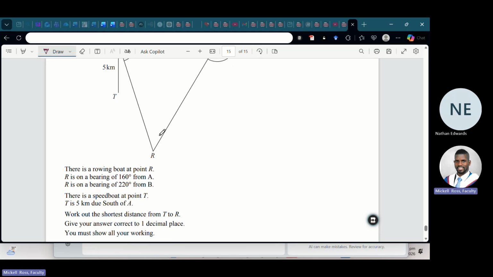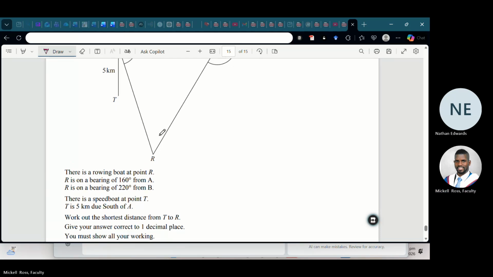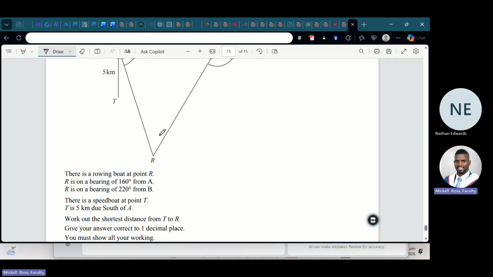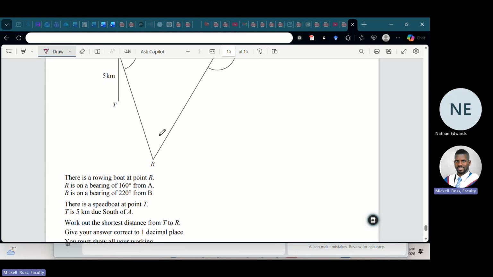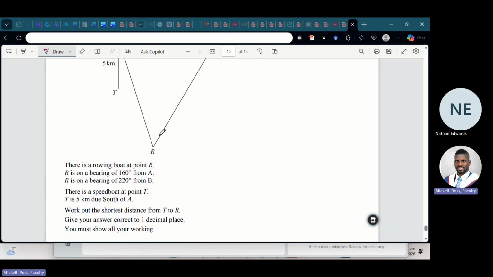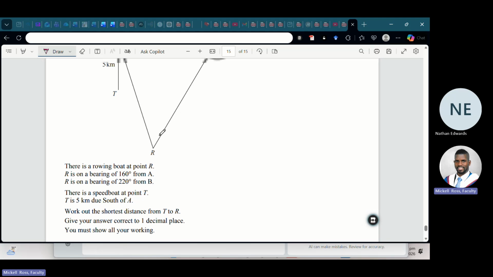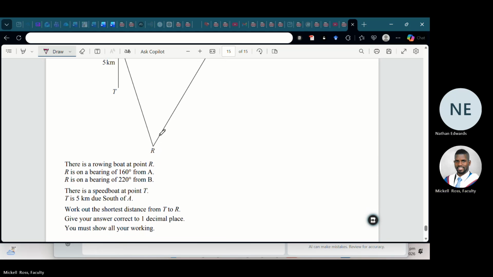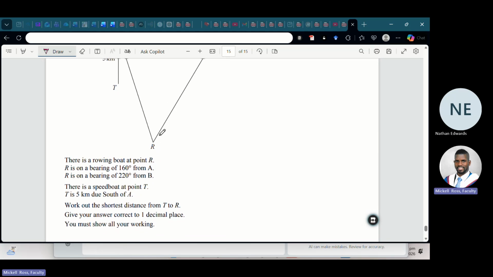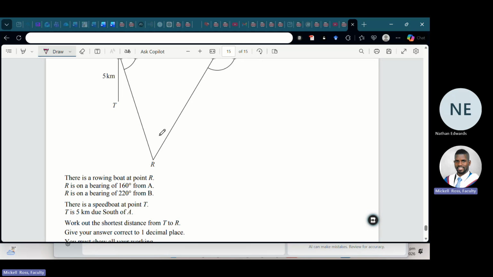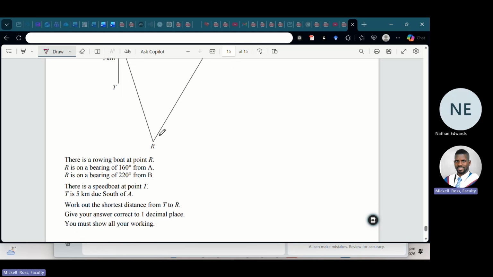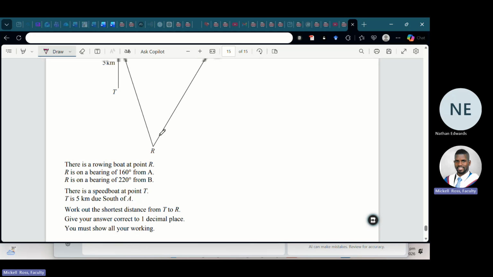There is a rowing boat at point R. R is on a bearing of 160 from A and a bearing of 220 from B. There is a speedboat at point T. T is 5 kilometers due south of A. Work out the shortest distance from T to R.